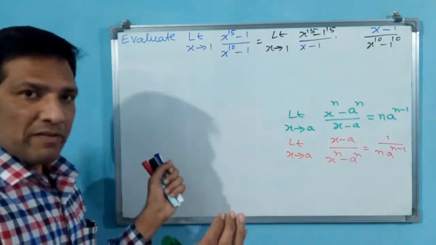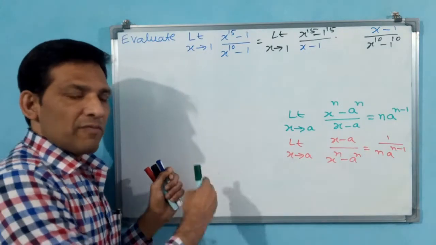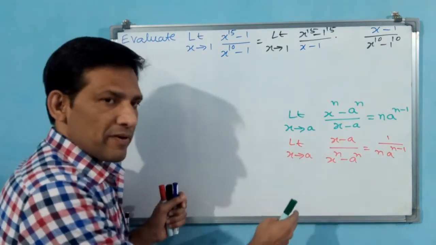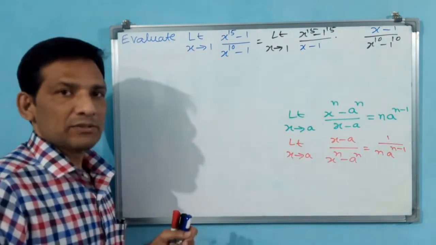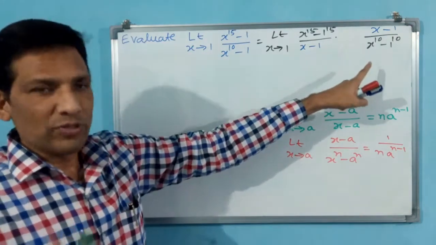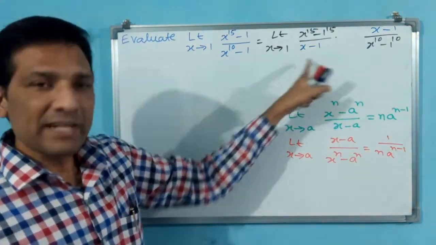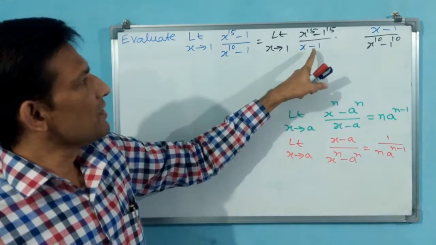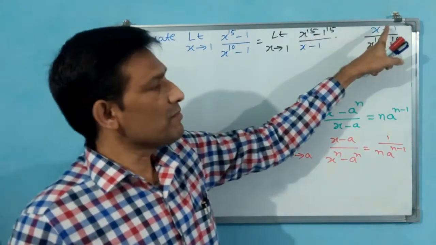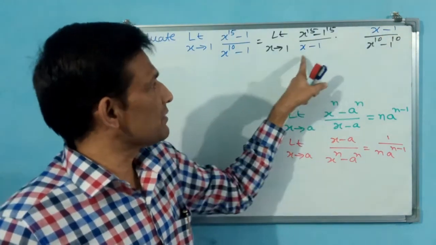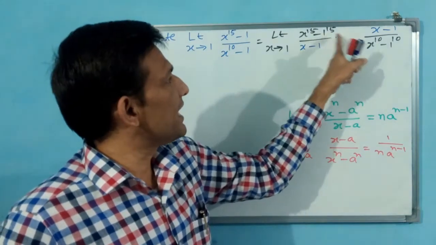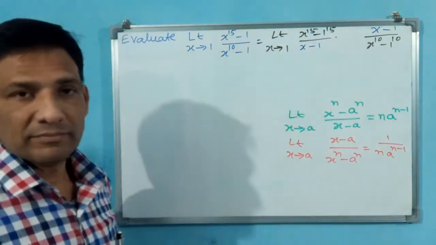Why? Because we know very well, limit of f of x into g of x is equal to limit of f of x into limit of g of x, like that also. Like that I have made you think. We have not yet split the limit still. Divided by x minus 1, the numerator x minus 1 is going to get cancelled. Again the same is going to come.